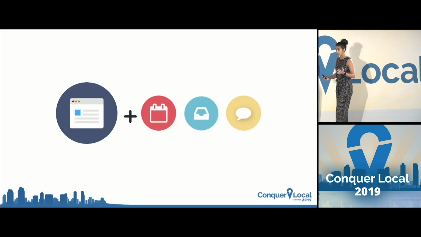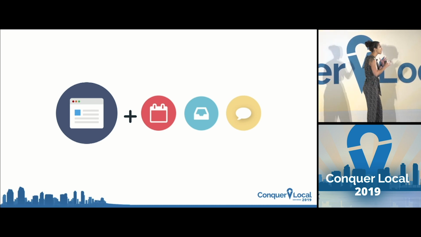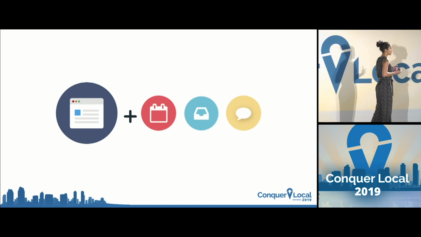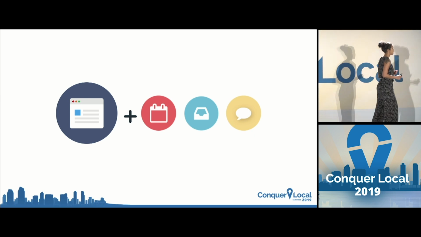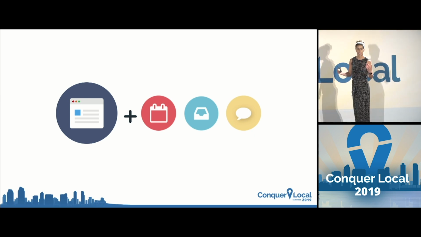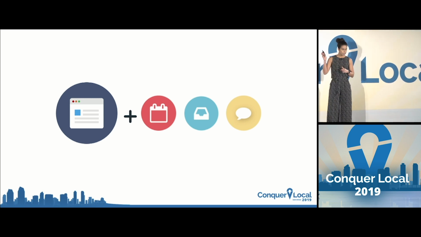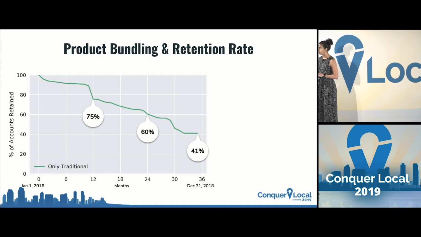If you're an agency, let's think about maybe you sell websites. What's something that you can bundle with your website offering that will go well and give more value to your customers? Maybe it's appointment scheduling. Maybe it's a form builder. Maybe it's a live chat. So think about that cohesive offering, that bundle. And this is how that can impact your business.